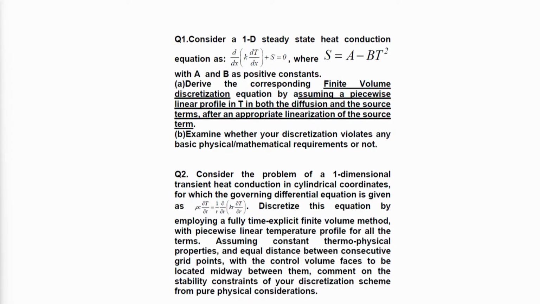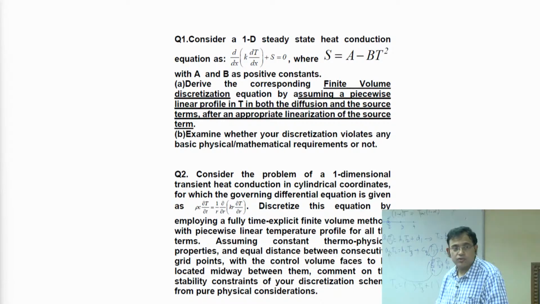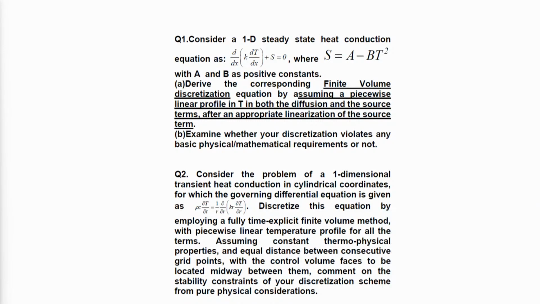So I have given two homeworks. I have made some effort from myself, so you should also make some effort from yourself, right. So two homework problems. You have a one dimensional steady state heat conduction problem, but the source term is A minus Bt square.